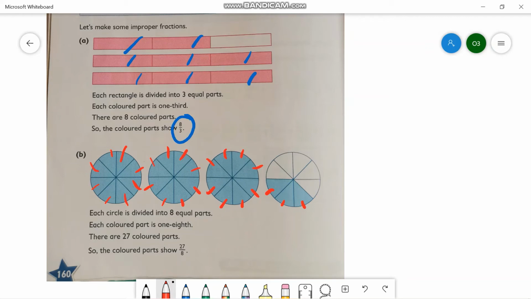So the colored parts show 27/8. So again, 27 is greater than 8, so we categorize that as an improper fraction.